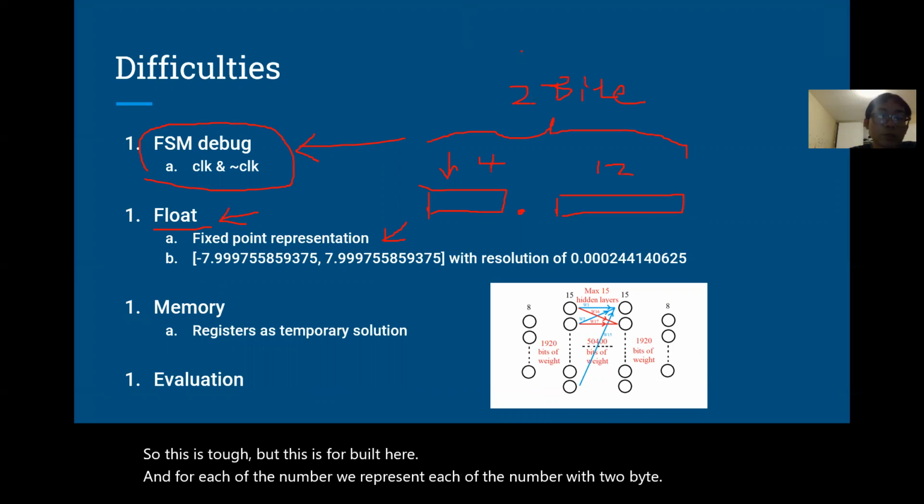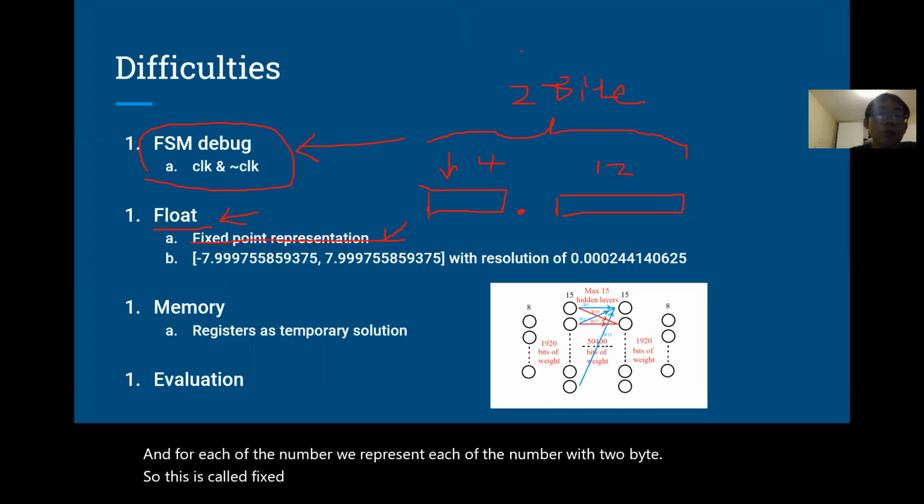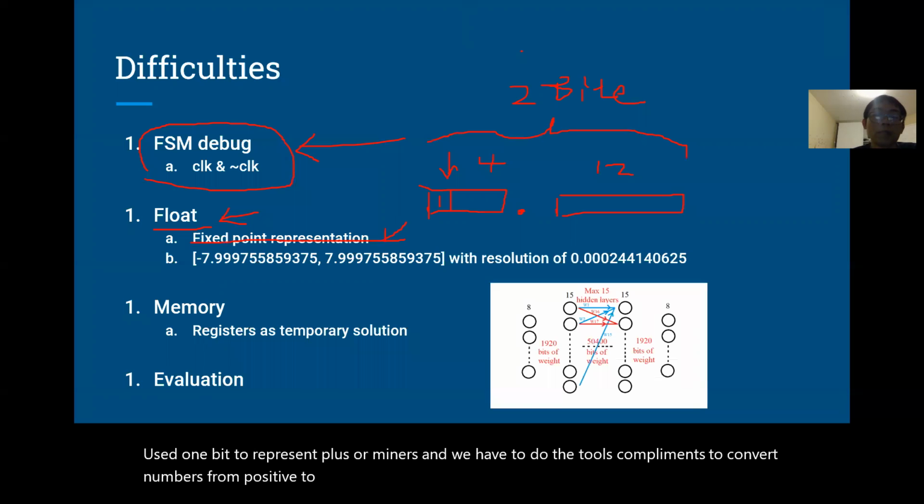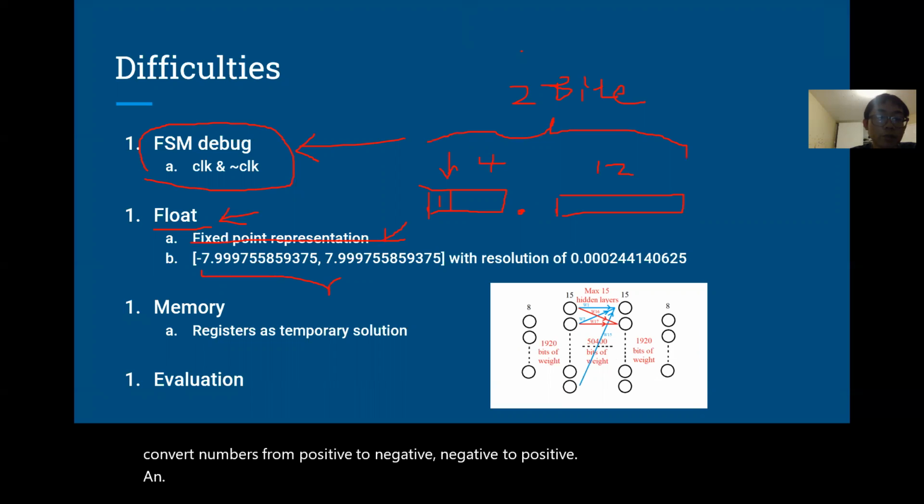So this is called fixed point representation. And we also use 1 bit to represent plus or minus. And we have to do the 2's complement to convert a number from positive to negative, negative to positive. And eventually we get the range from negative 7.9 to 7.9.